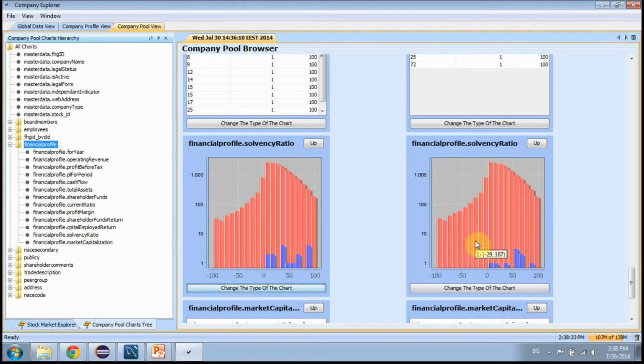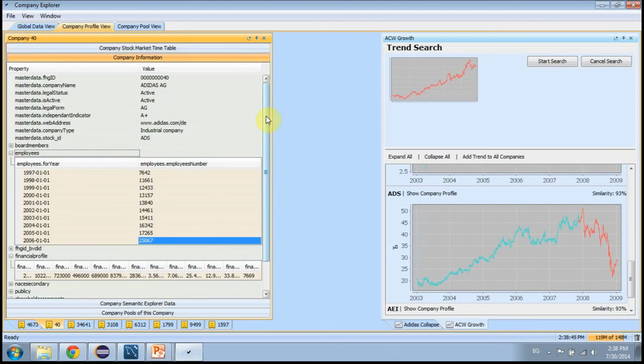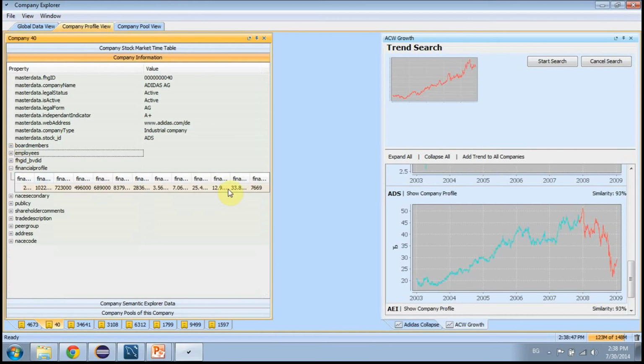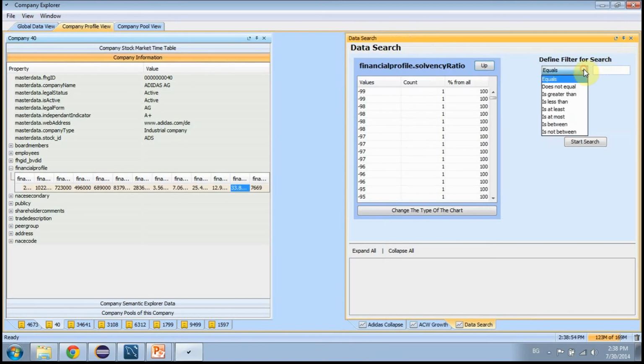And now, before I jump into the conclusion that all these companies have it, I would ask myself, maybe it is because all the companies which are on the stock exchange basically have this solvency ratio greater than 0. And I will go back to this slide and I will open the solvency ratio and I will filter all companies which have solvency ratio.